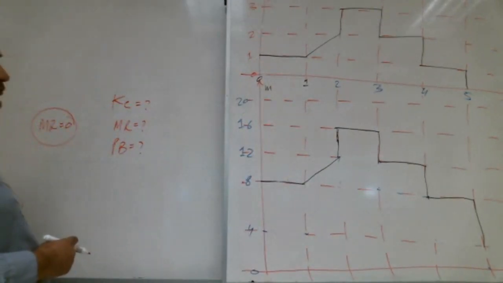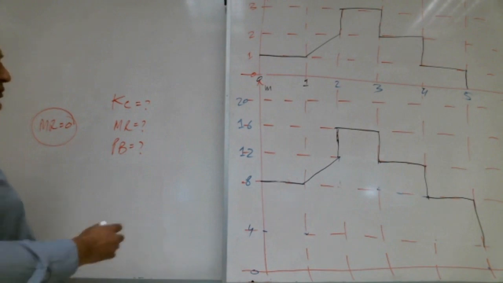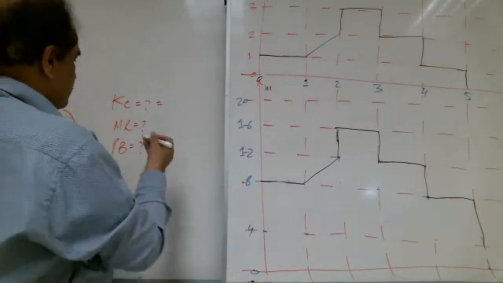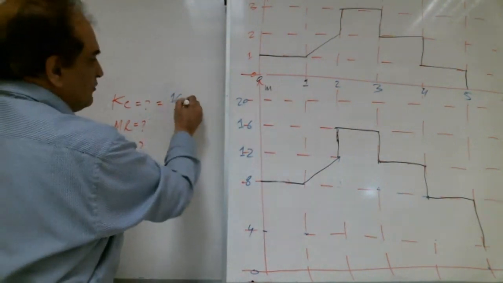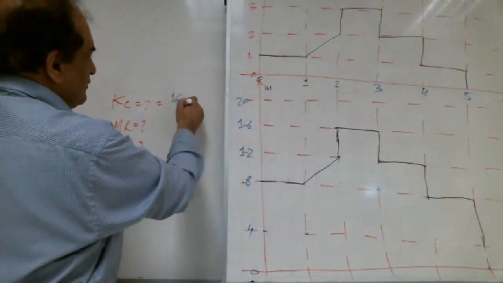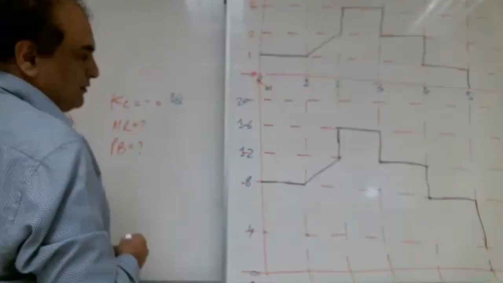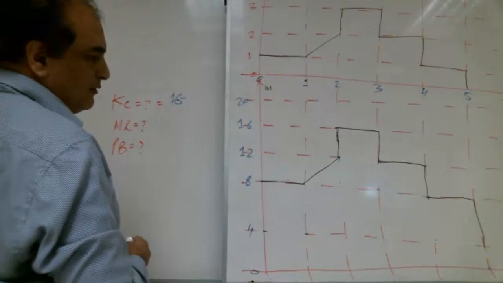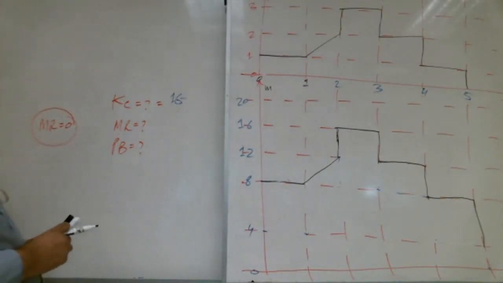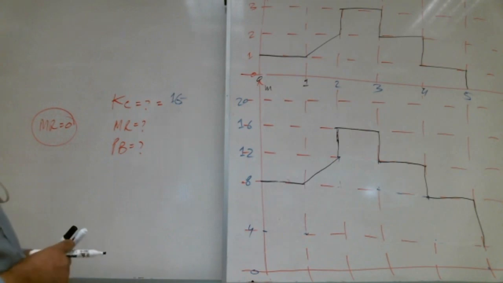What is the change? Sixteen. This is 16 minus 8. Right, Shabab? What is the change? 16 minus 4. 16 minus 4.